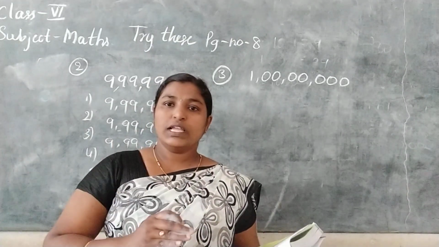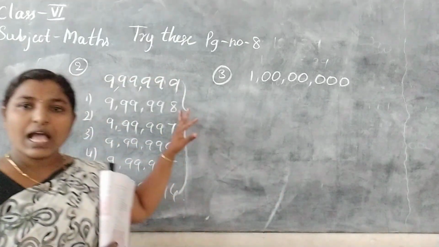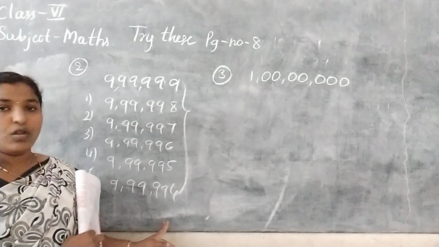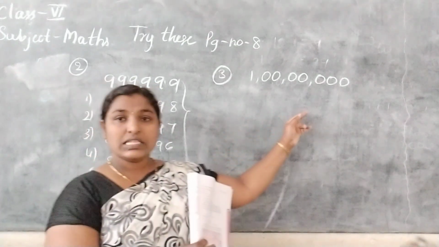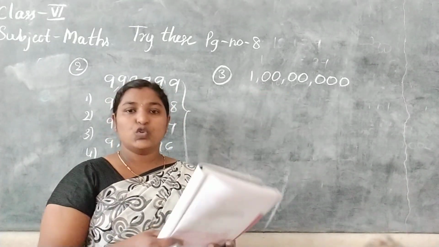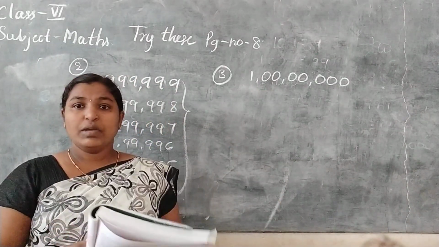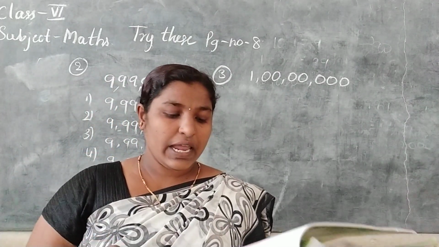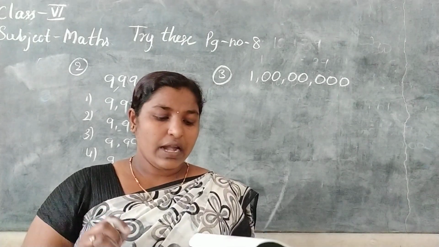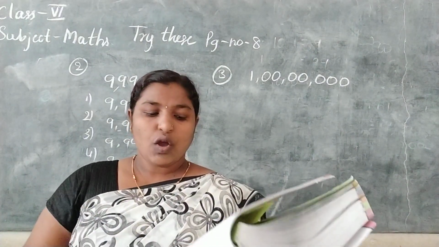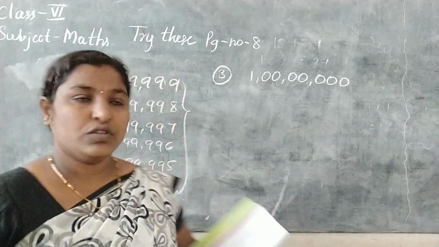Ascending means smallest to the biggest. Here they ask descending, which means biggest to the smallest. Here they are asking ascending, so we should go from small to big. Write the next 5 numbers in ascending order and read them.